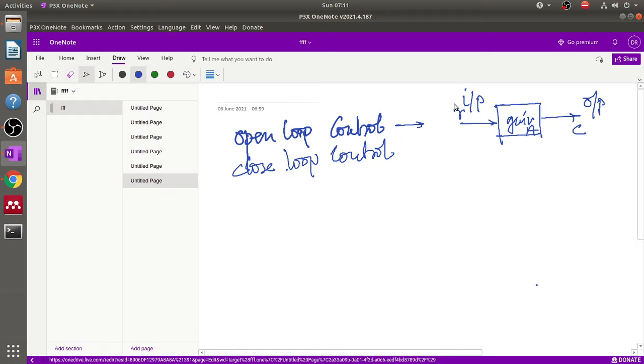And for the closed loop control system, one more important thing is that we apply the input signal, then here one comparator block is situated.